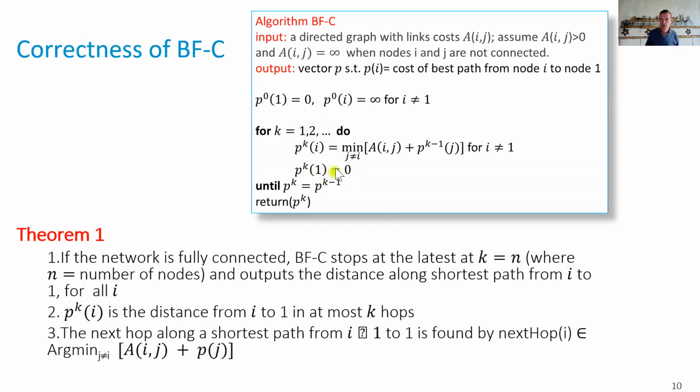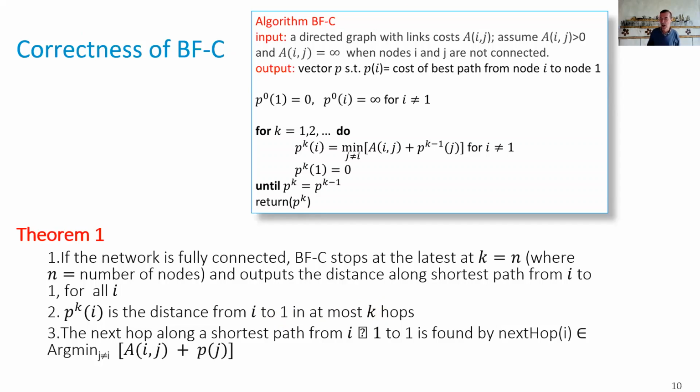And by induction, it's easy to see that if p_(k-1) is the distance from i to 1, if we allow at most k minus 1 hops, then p_k of i will be what we obtain if we allow at most k minus 1 hops plus 1, which is k hops. So the correctness proof is simply based on this, that at iteration k, what we have is an expanding search where we obtain the distance from every node to 1 in at most k hops.